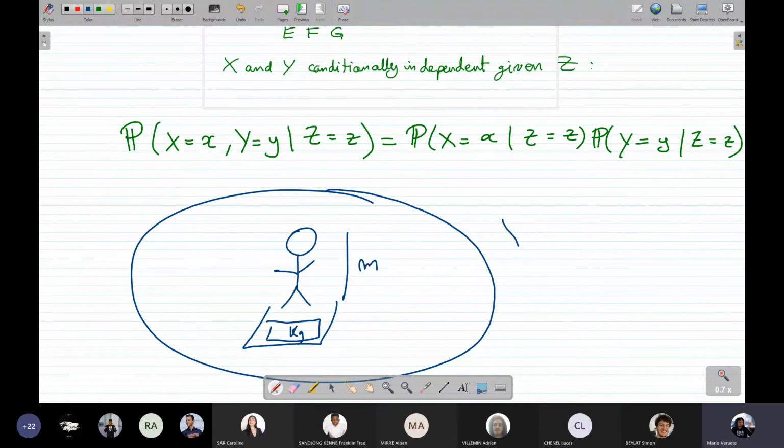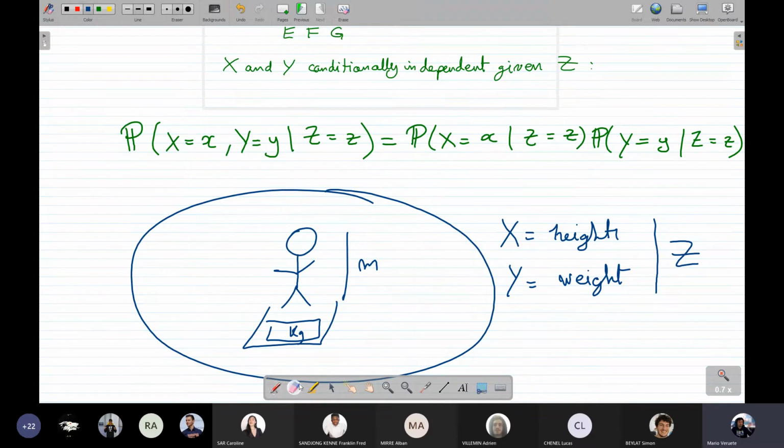And we say, okay, if X is the height, and Y is the weight, we want to know if height and weight are independent conditionally to the zodiac sign Z. This is very strange, but this is a type of computations we can try to figure out.